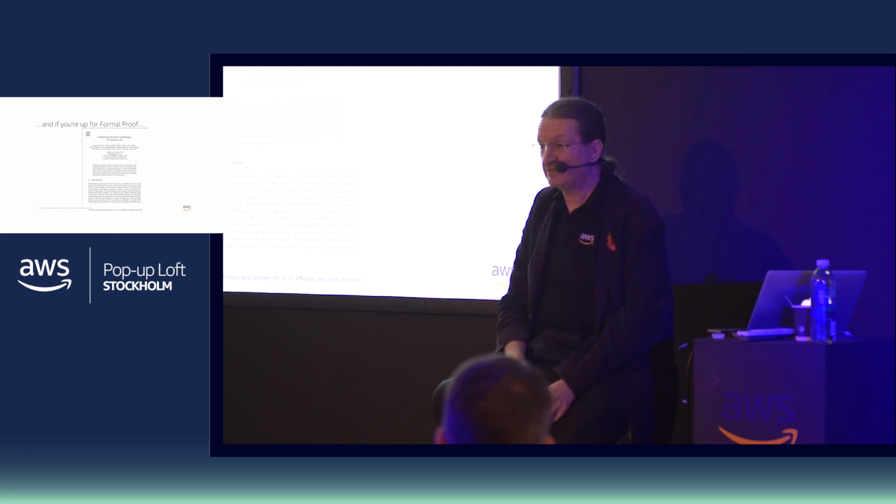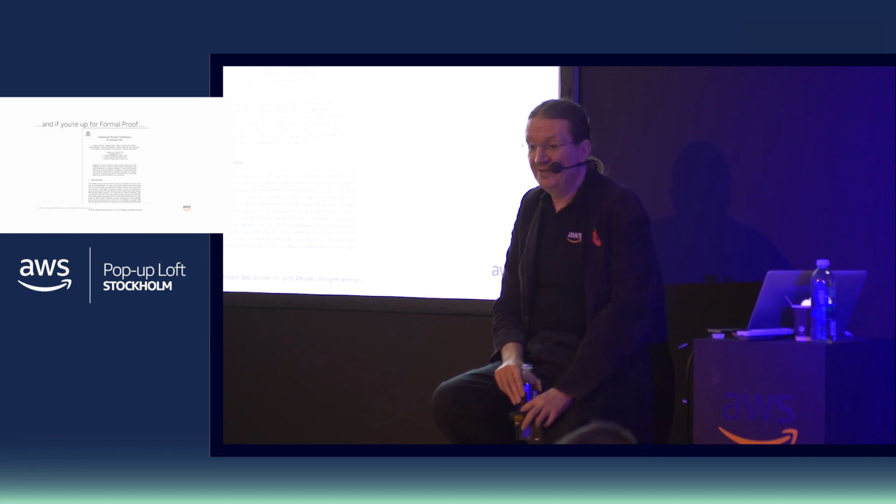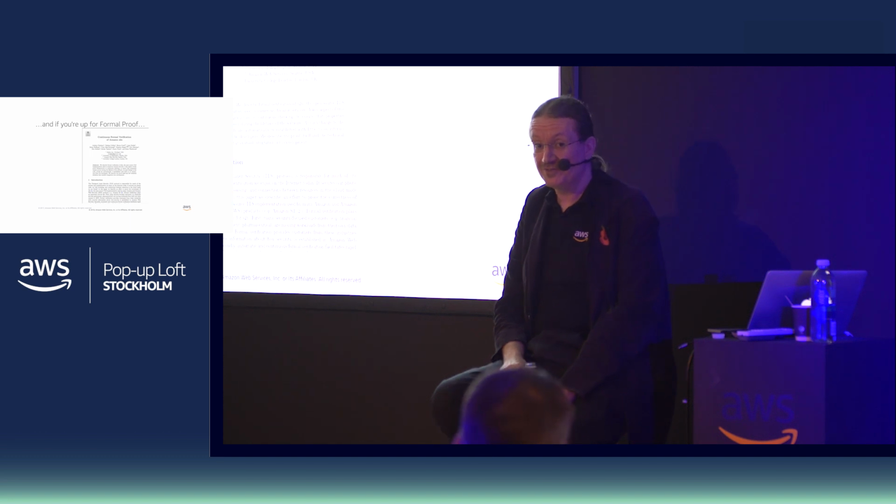So I've been having a chat with the automated reasoning guys behind this, and if any of you are interested in getting into this kind of approach for looking at your own code, as well as obviously those of us who've been around for long enough to have read Don Knuth's disclaimer at the front of The Art of Computer Programming to the effect that I have not tested this code, I've merely proven it correct. Of course, we do both.